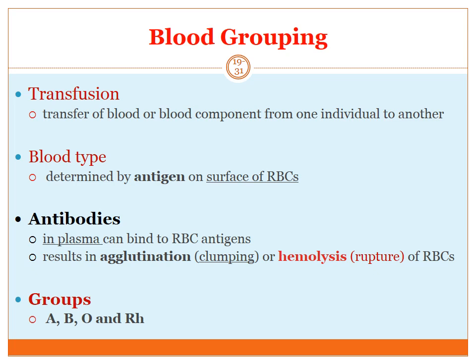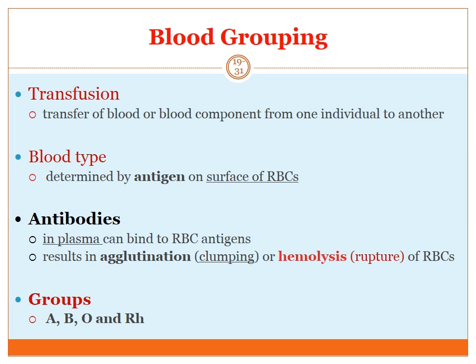Why a reaction may happen is evident if we look at how these groups are established. Each blood type has a specific antigen on the surface of the red blood cells, the identifying flag, if you want to look at it that way. So for example, a group A blood type will have a type A antigen on the surface of its red blood cells, and a type B blood type will have a different type of antigen on the surface of the red blood cells.